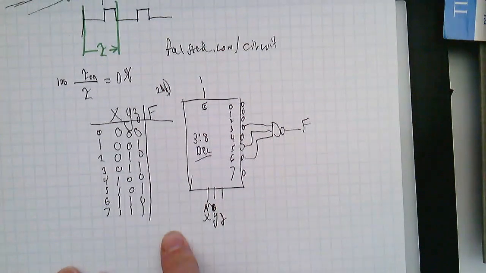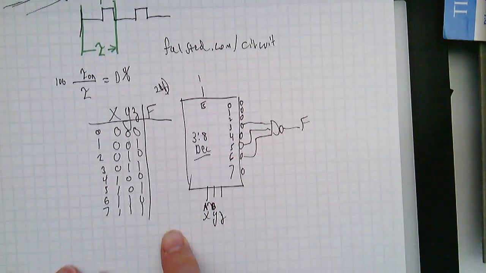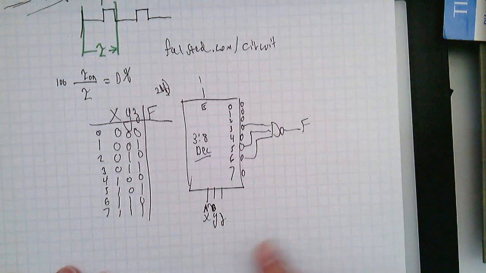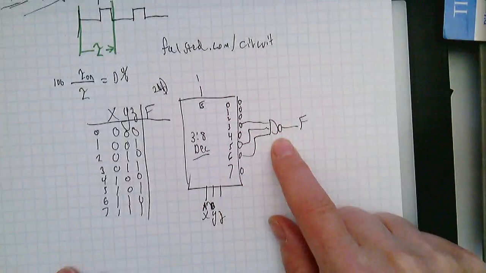Anybody know what the truth table is for this? Alright, you don't know that. How do you use De Morgan's theorem with an AND gate?